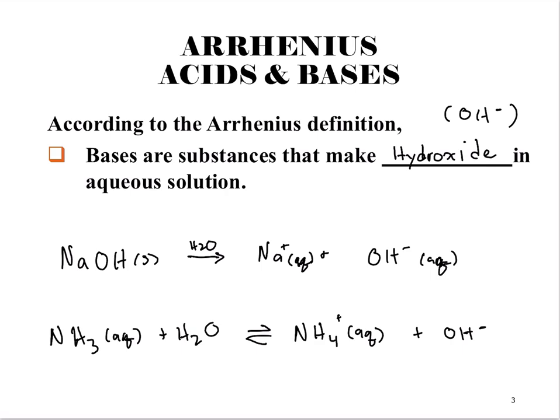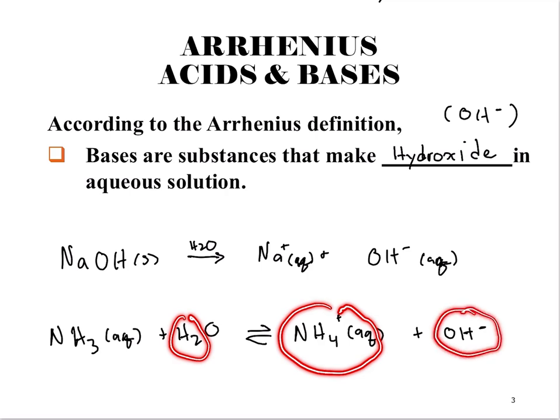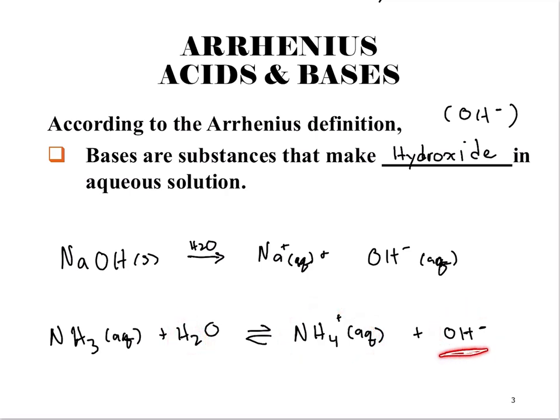So here, what has happened is one of the protons from the water molecule has been taken by the ammonia molecule to create the ammonium ion. And then in the end result, we've created a hydroxide ion. So by the Arrhenius definition of an acid or a base, this would be considered a base.